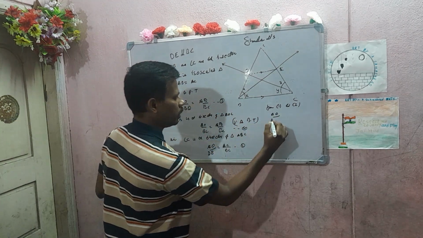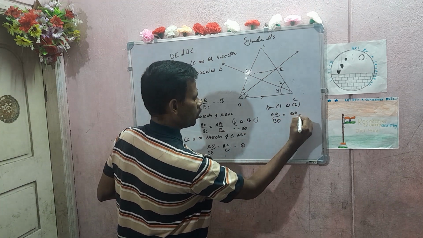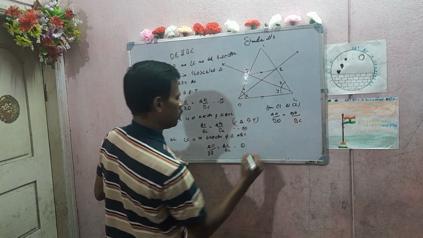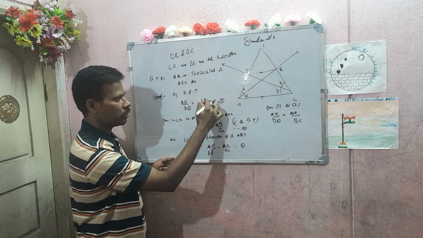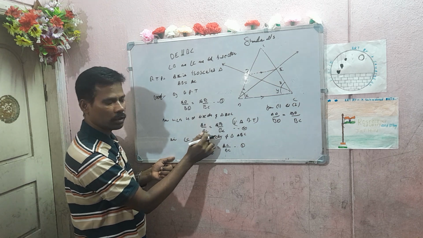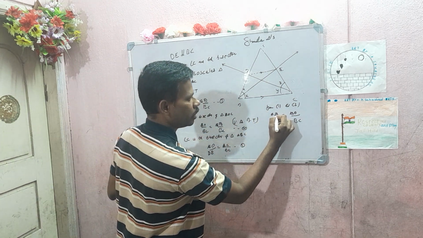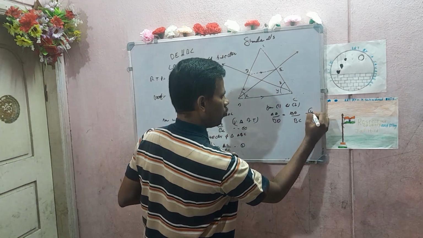AD by BD is equal to AB by BC. Why? Because AE by AC both are same on the right hand side. So AD by DB is equal to AB by BC. Mark this as 4.